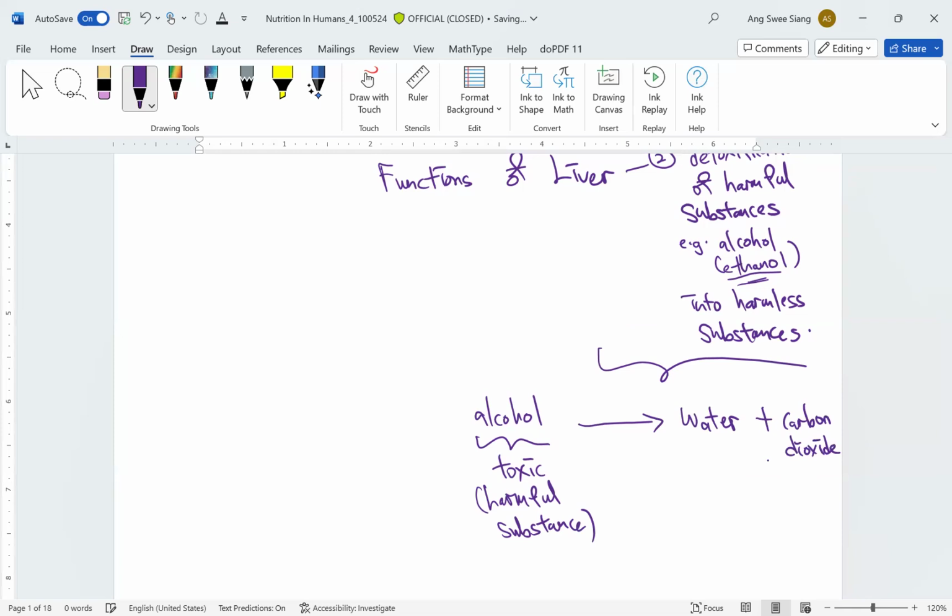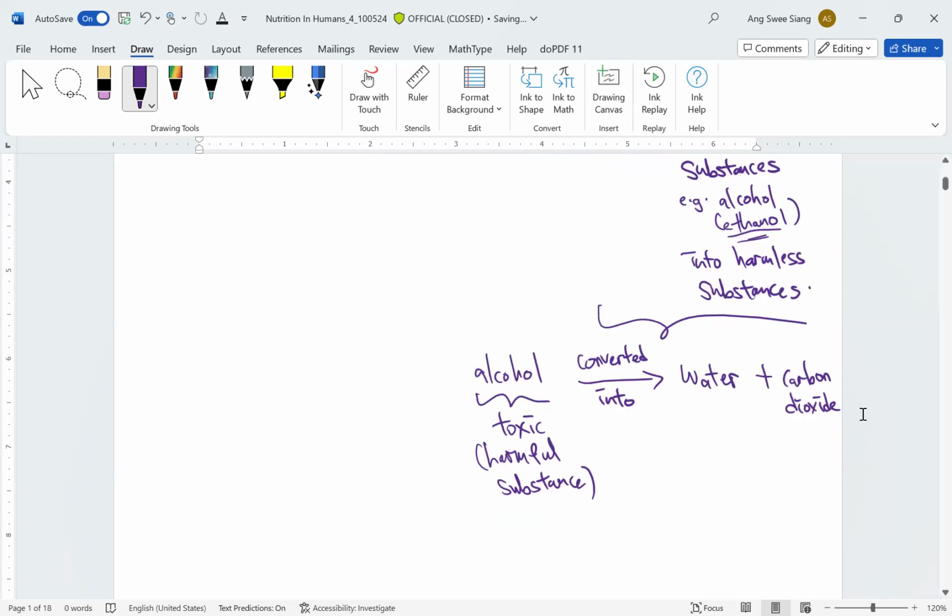So when alcohol is converted into water and carbon dioxide, which is less harmful, in general they can be removed very easily by the body. These are metabolic waste products.